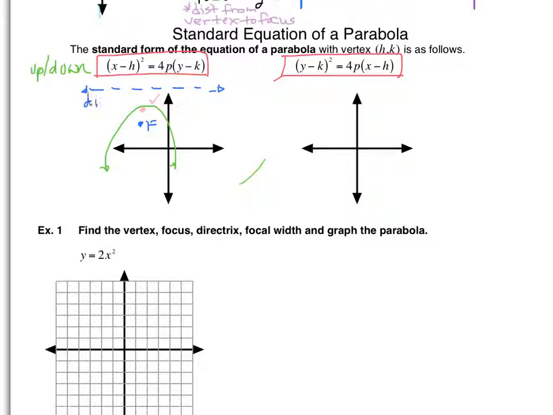So this is your directrix. And then your axis would go through and connect the focus and the vertex. So this is your axis. So that's an example of an up-down parabola.